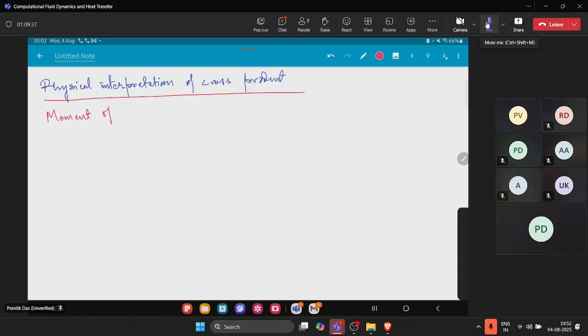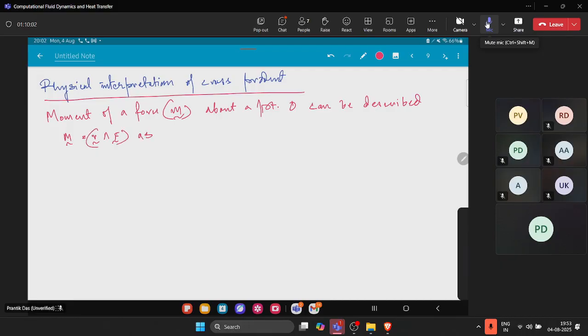The moment of a force about a point O can be described, where M vector is basically R cross F. Okay.